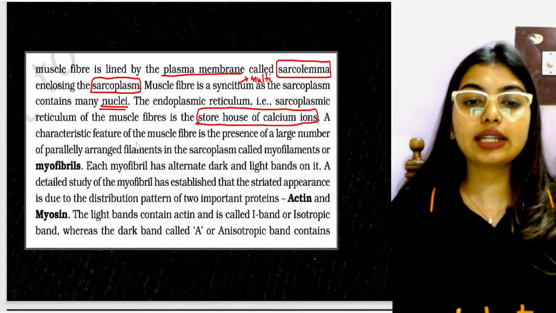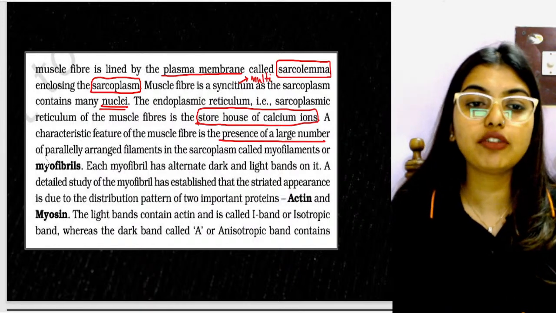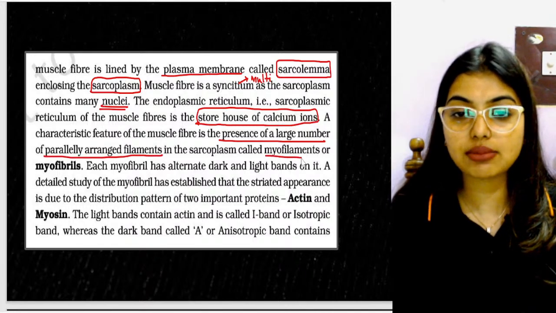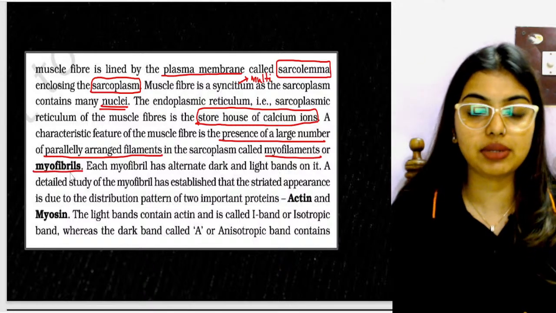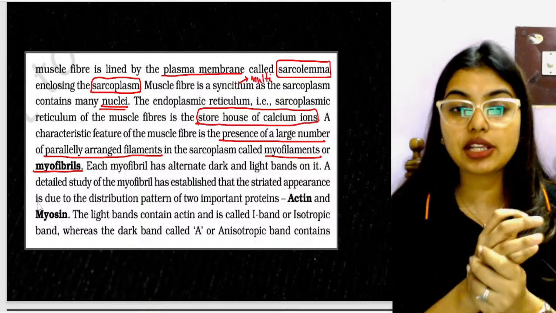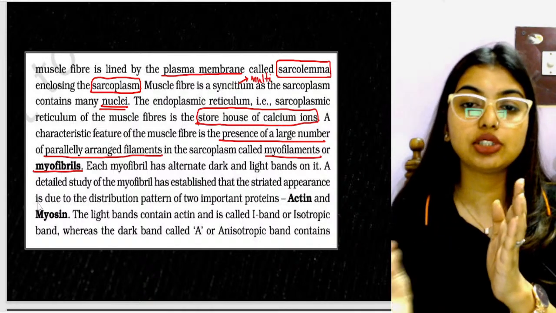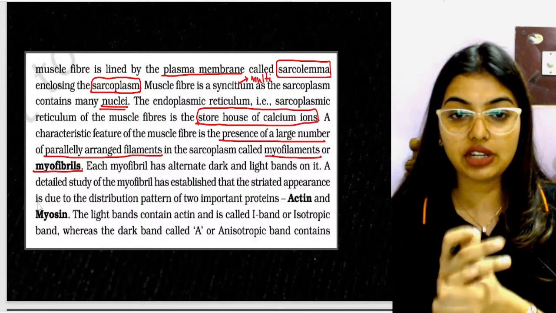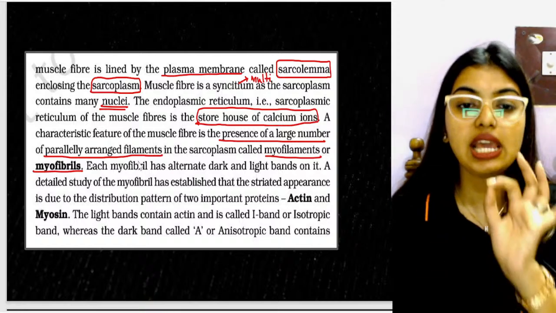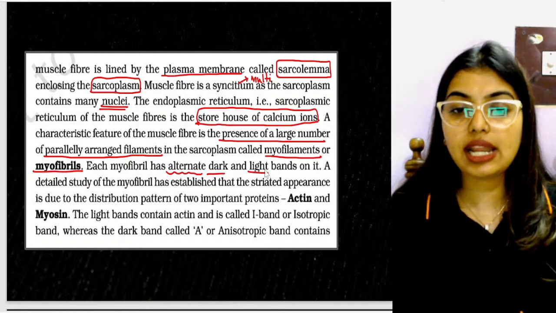A characteristic feature of muscle fiber is the presence of a large number of parallelly arranged filaments in the sarcoplasm called myofilaments or myofibrils. What is it called? Myofilaments or myofibrils. Each myofibril has alternate dark and light bands on it.